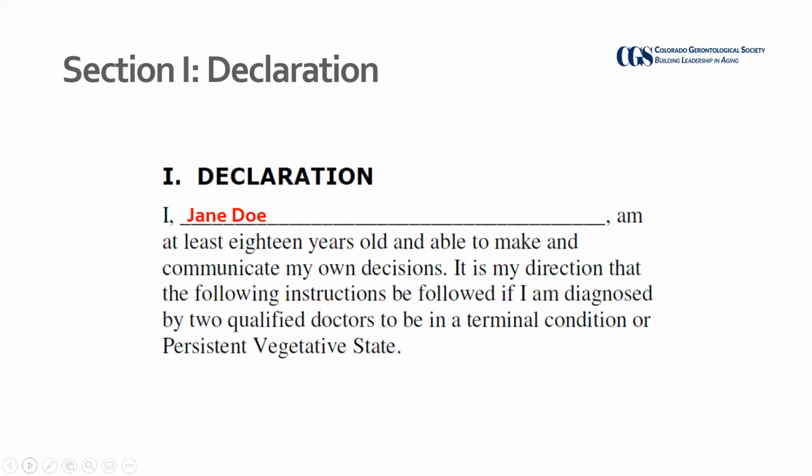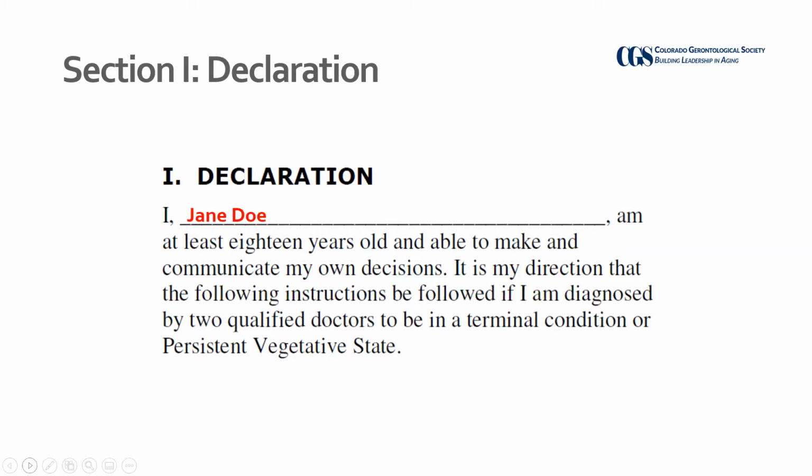Before we begin with the actual form, here's where you need to put your name. Depending on how you're completing the form, there's some best practices. If you're going to complete it on your computer or your laptop, then you don't have to worry about legibility because you will be able to type it in. But if you're completing it by hand, make sure that you use a pen, either black or blue ink, and that the information is legible.